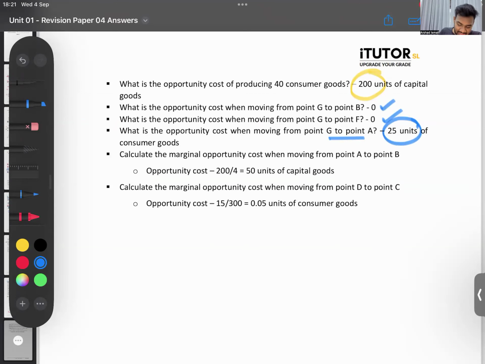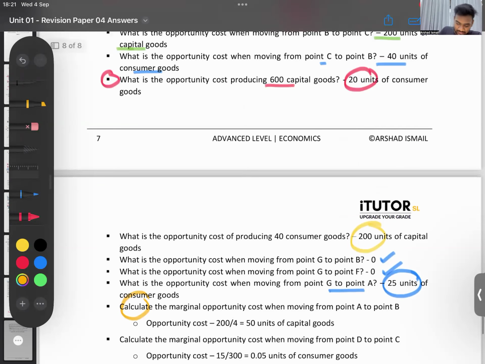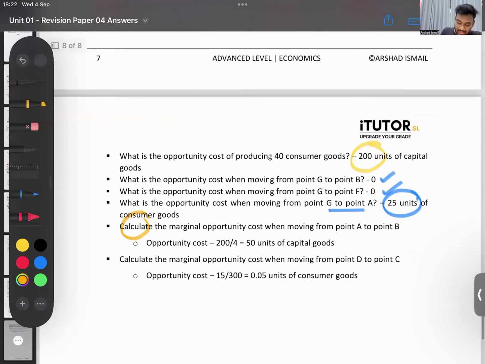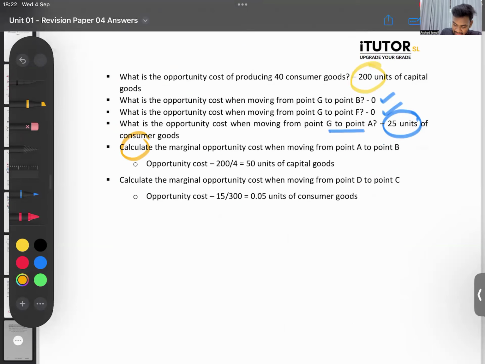Then the next one is asking, calculate the marginal opportunity cost. And that is where you use the equation. When going from A to B, you're sacrificing 200 capital goods, gaining 40 consumables. Foregone over gained. So foregone 200, gained 40.